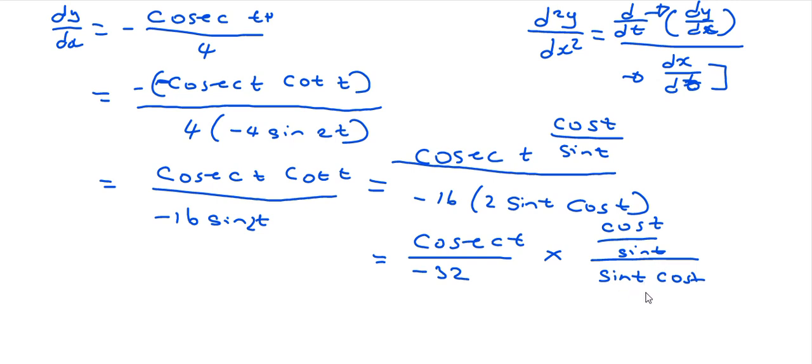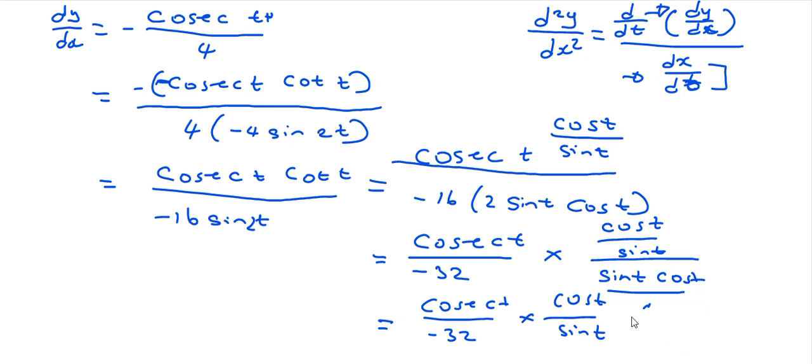Let me write it down there. Cosec t over negative 32 times, remember, this is going to be cos t over sine t, and then times 1 over sine t cos t.